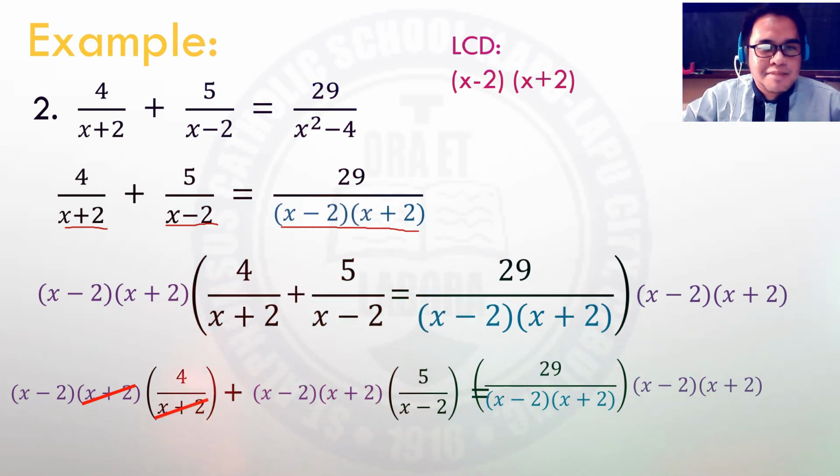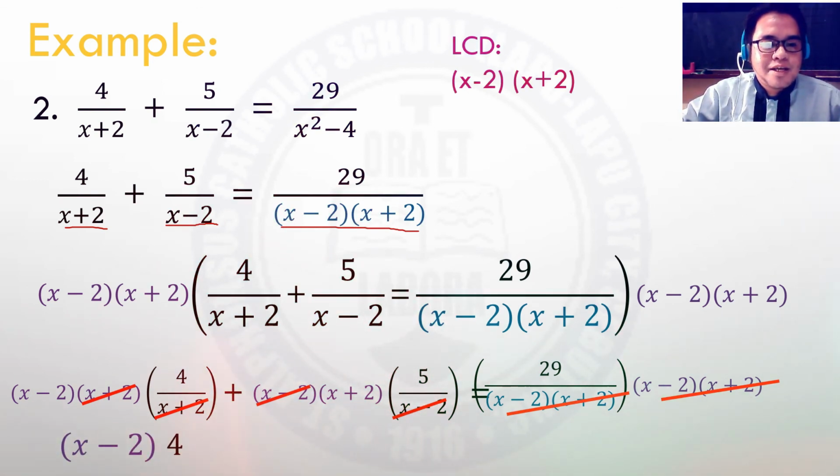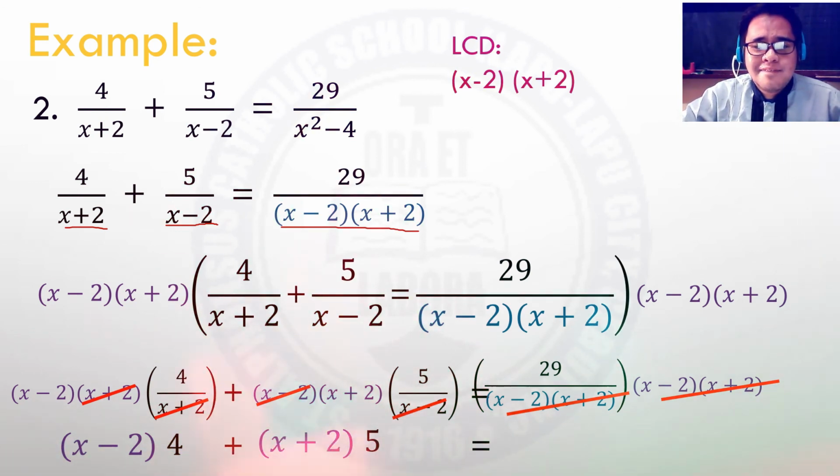So x plus 2 divided by x plus 2, we have x minus 2 divided by x minus 2, we have also x minus 2 and x plus 2 divided by x minus 2. So we will be canceling them out. After which the expected answer would be x minus 2 times 4 plus x plus 2 times 5 equals 29.